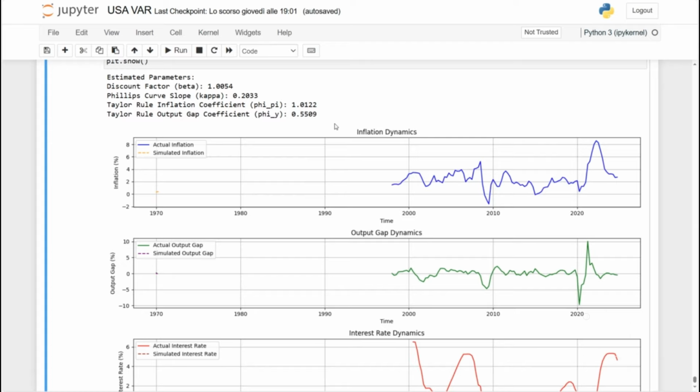So the central bank naturally tends not to kill off a positive output gap when the economy is going at full potential or above full potential, because it means that the economy is growing. So the central bank doesn't want to put the hard brake on a growing economy, so it tends to hike the interest rate by half a percentage point, 0.55.